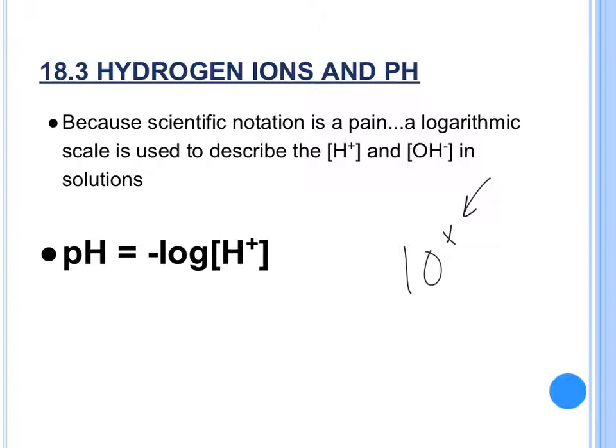So what we're going to do is take the base 10 logarithm of the hydrogen ion concentration, and we're going to take the negative of that value because this is going to give us a negative number, because these numbers are all negative exponents of 10. So just to make it a little more straightforward, and to put everything in a positive scale, we're taking the negative of the base 10 logarithm of the hydrogen ion concentration, and that's called the pH.